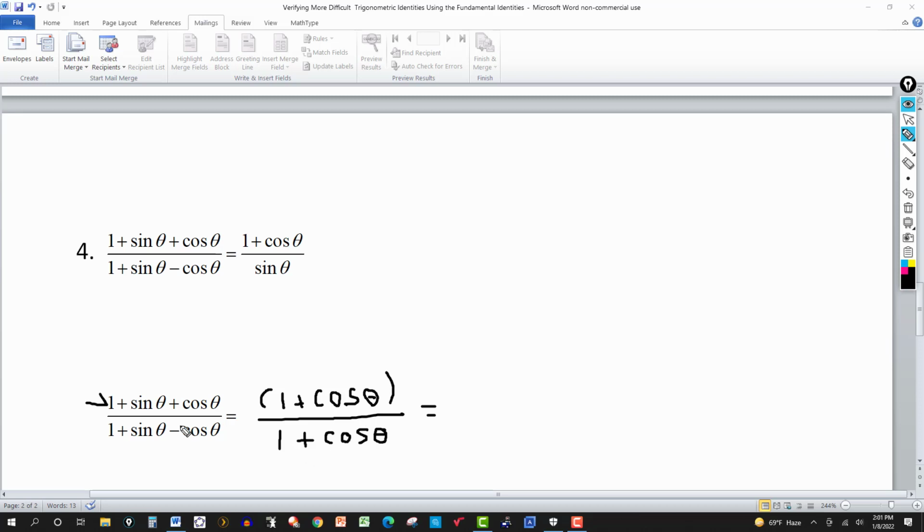So I'm going to say 1 times the denominator will give me 1 plus sine theta plus cosine theta. So again, it's this times this, but I'm not doing that multiplication.